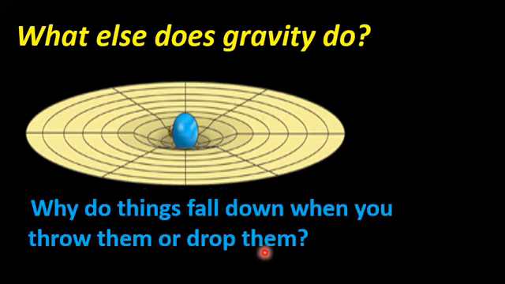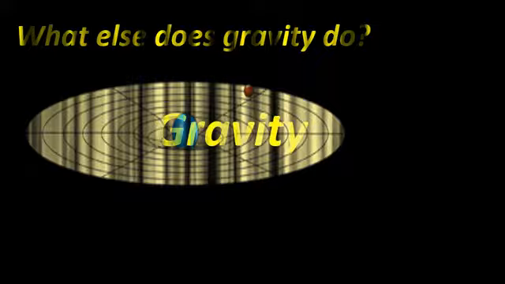And secondly, why do things fall down when you throw them or drop them? Why will they all fall on the ground? All things come down towards the earth. What is the reason? The answer to all these questions is gravity.